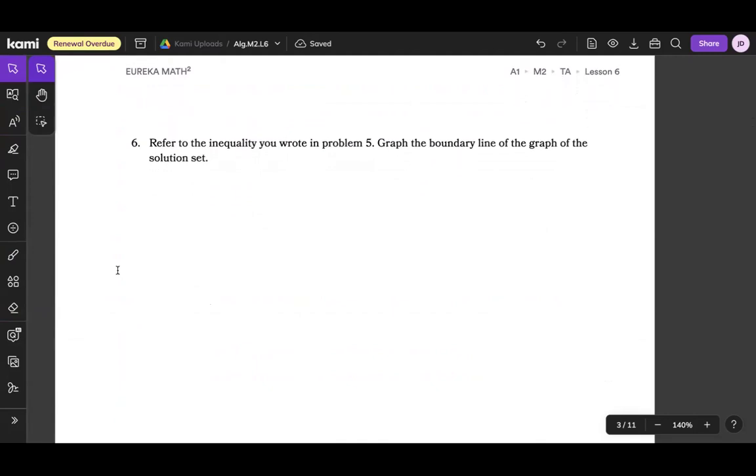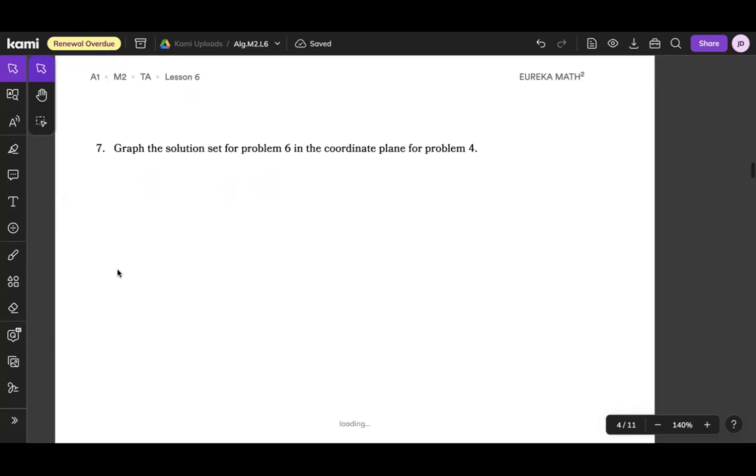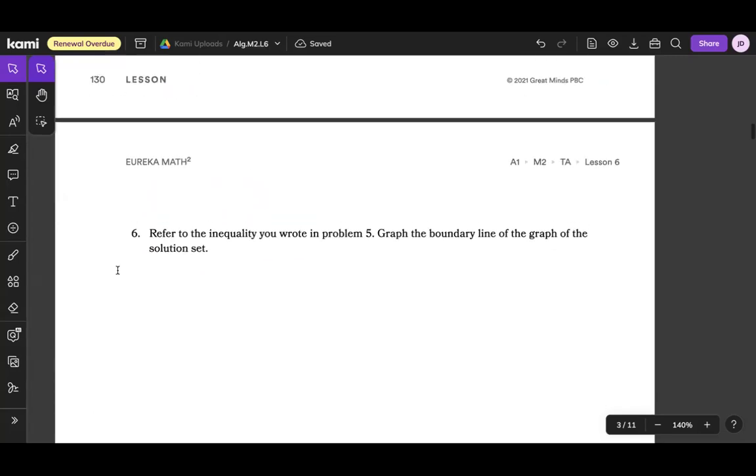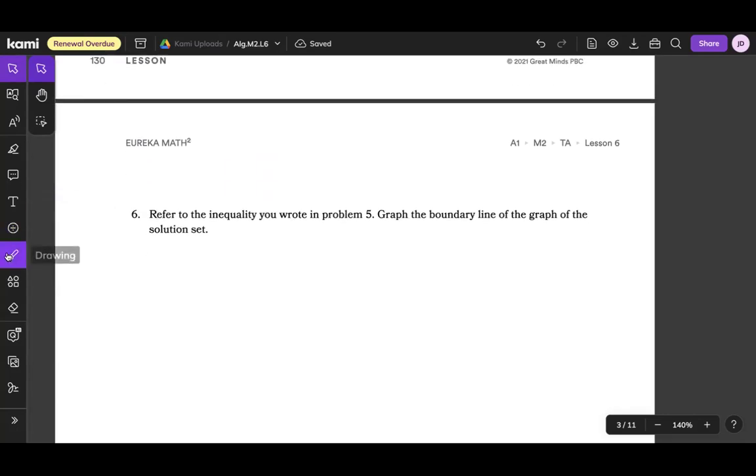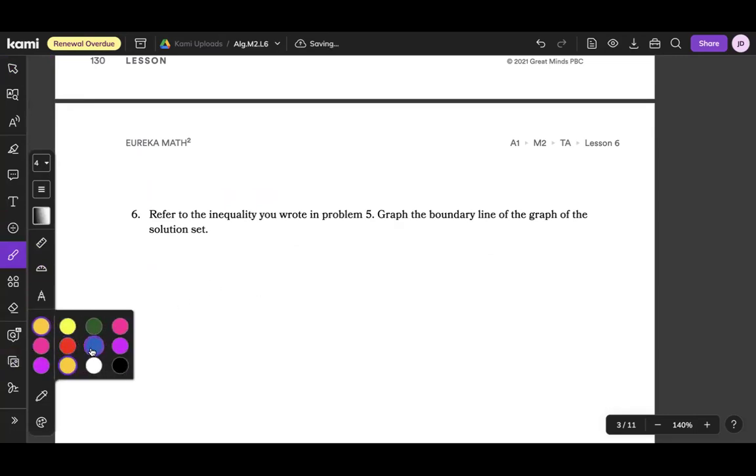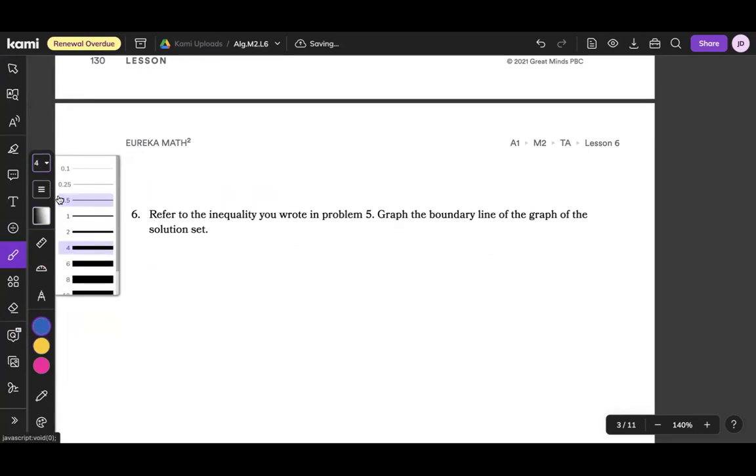So for number 6 and 7, I don't know why it gives you a whole page for each of these, but number 6 is to graph the boundary line, which you might have already done. But remember that our boundary line is what we get if we rewrote it as an equation instead of an inequality.